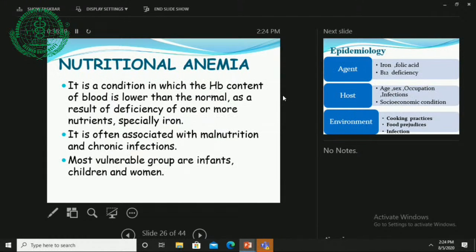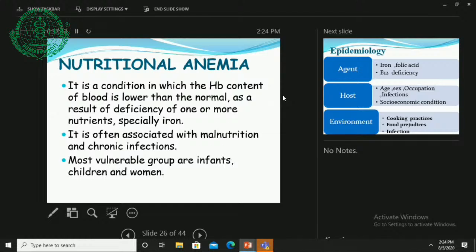Now we'll see what is nutritional anemia and what is the definition of nutritional anemia. It is a condition in which the hemoglobin content of blood is lower than the normal as the result of deficiency of one or more nutrients like B12, folic acid, but especially, or commonest, is iron deficiency.